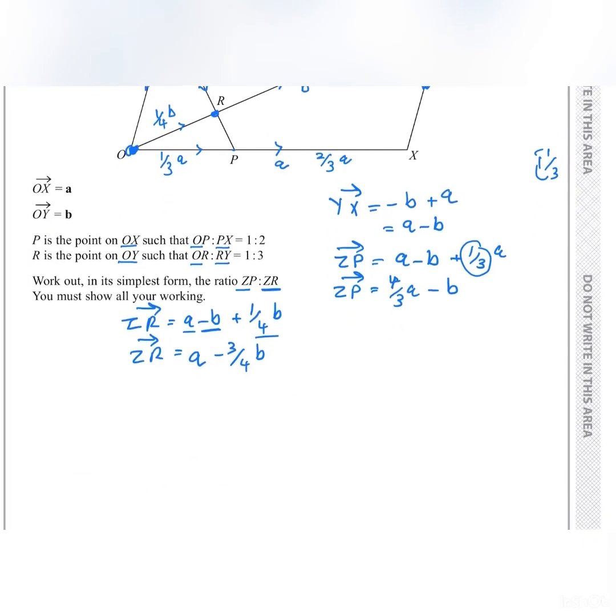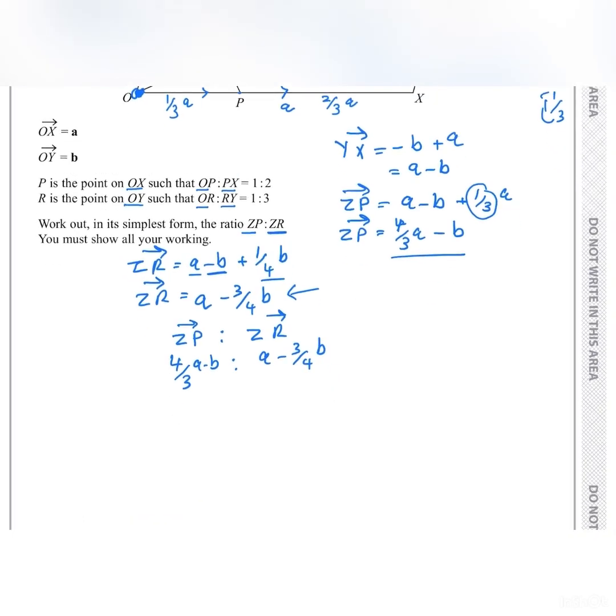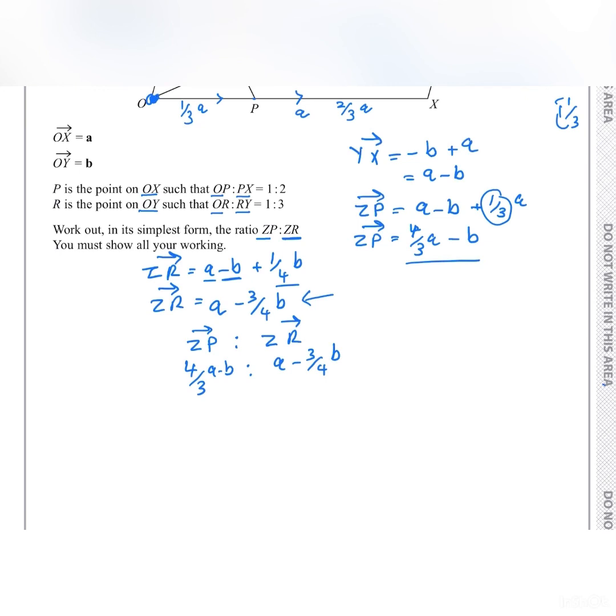Okay, so if we put this down as a ratio, we got Z to P and Z to R. Z to P is 4/3 A minus B, and then Z to R is this bit here, which is A minus 3/4 B. Now we can simplify this. There are a few ways of doing this.